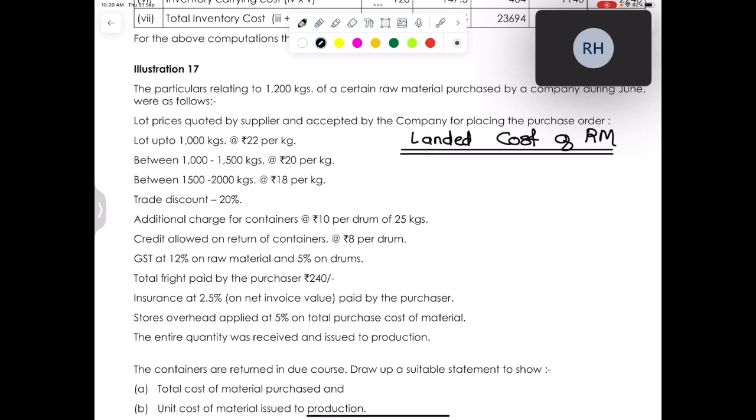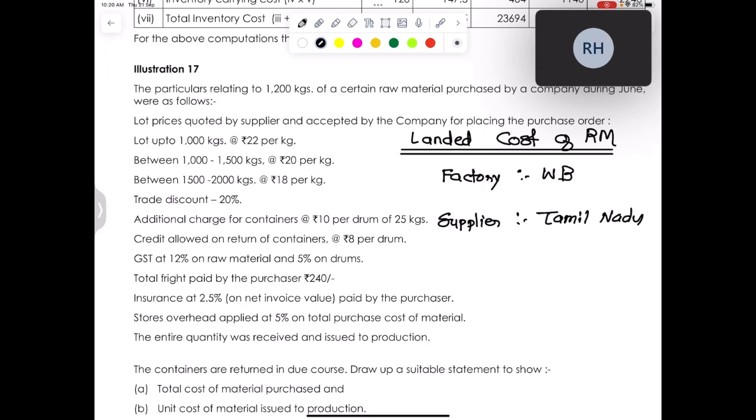The concept is our factory is situated in, suppose, Kolkata. Rather than Kolkata, let us take West Bengal. While our supplier is in Tamil Nadu.